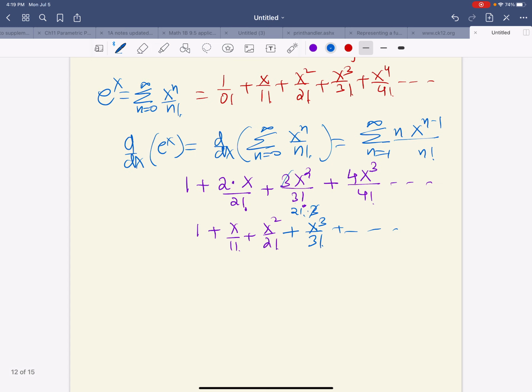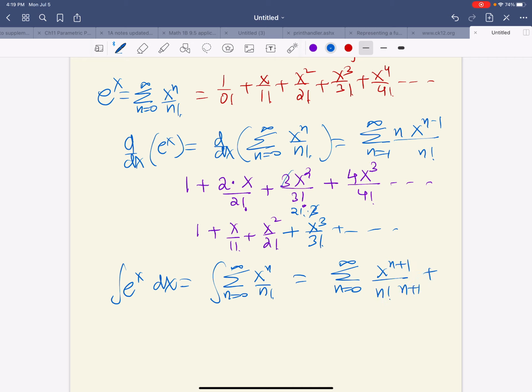So when we do the integral of e to the power x dx, that would be the integral of the summation of x to the power n over n factorial, n equals 0 to infinity. That turns out to be the summation n equals 0 to infinity of x to the power n plus 1 over n factorial times n plus 1, plus a c. Let's choose x to be 0.